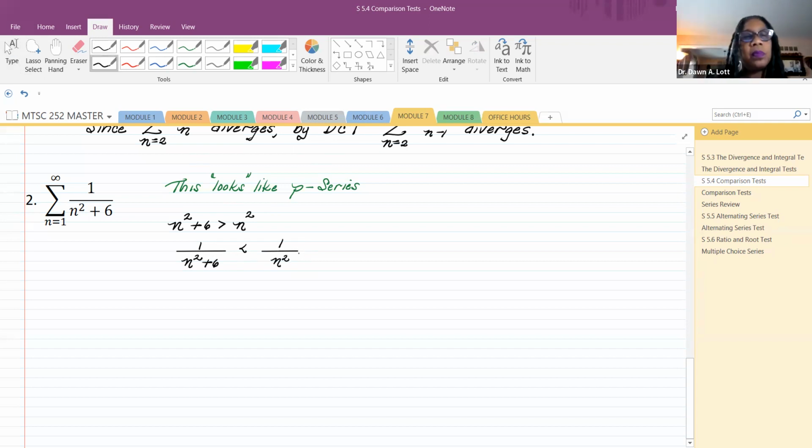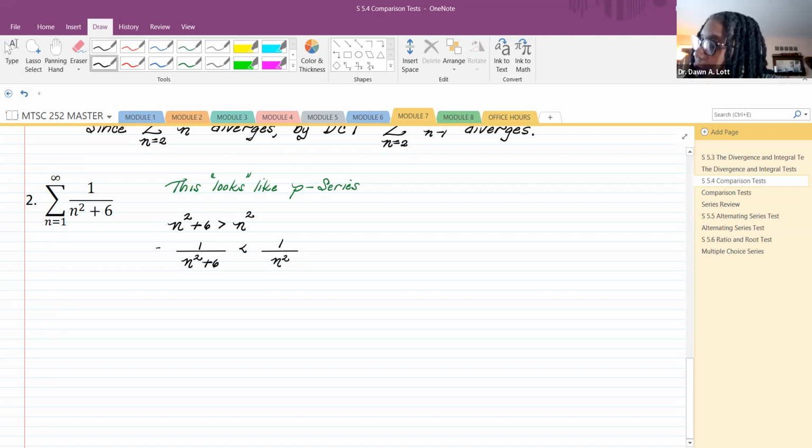Notice with the direct comparison test, you end up actually using 2 series tests. You're comparing it to one that you know converges or diverges, and then you're using the direct comparison test to bound it by something larger or smaller.